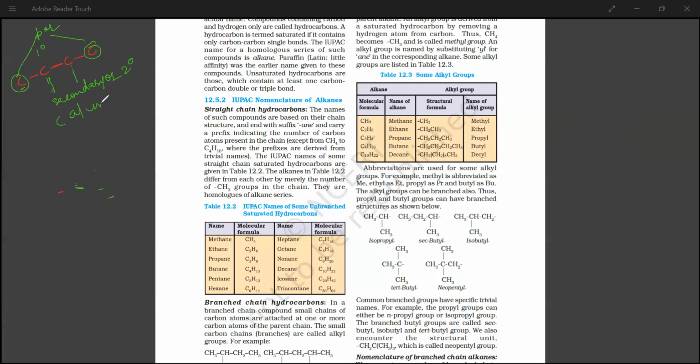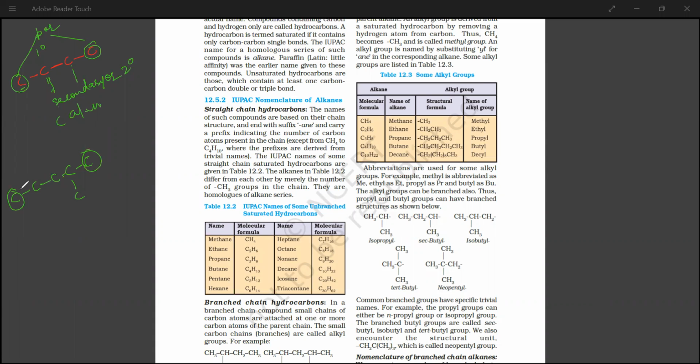Now see, if we have written like this, then this will be primary.